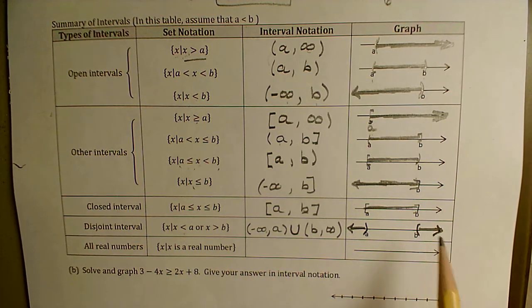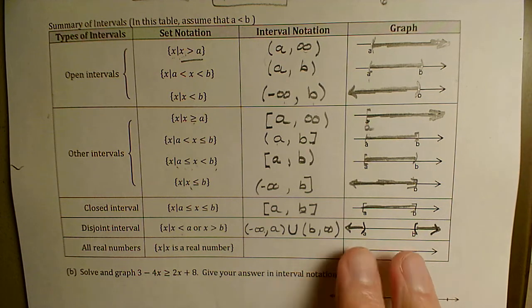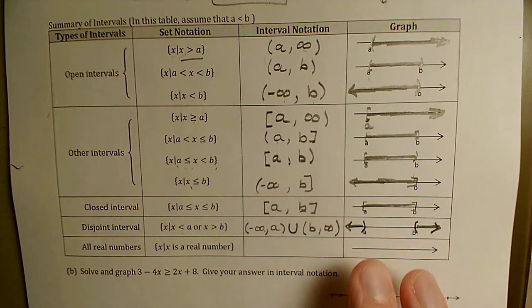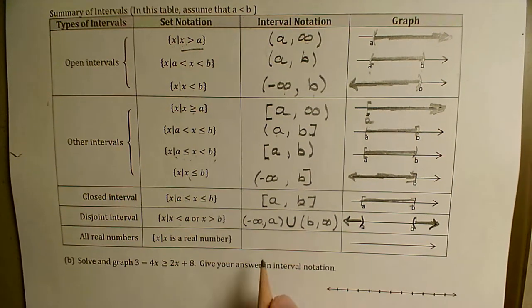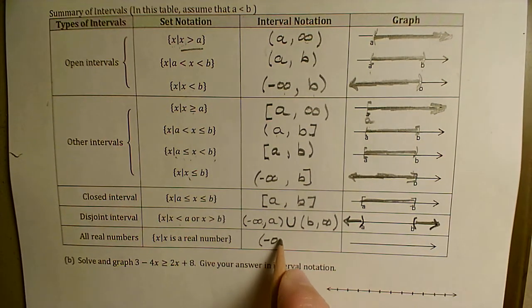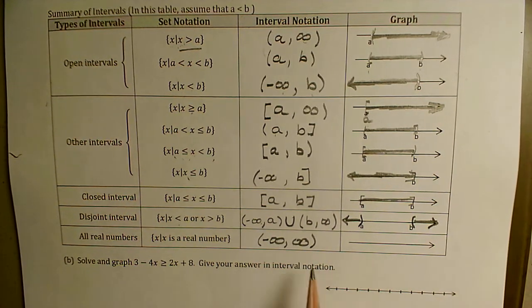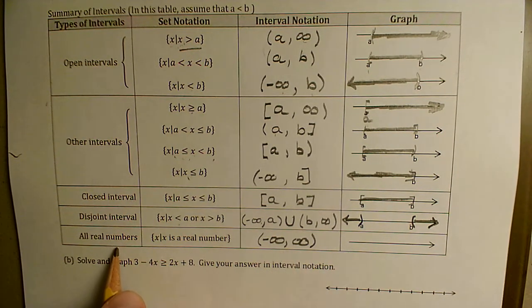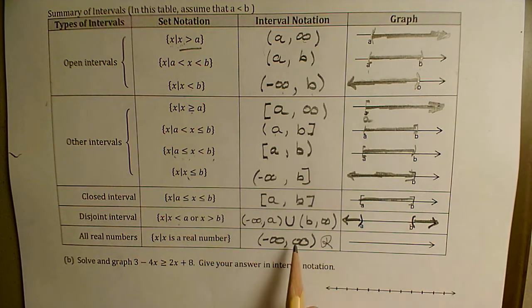So this is disjointed: anything below a or above b, but exclusive of a and b. And then all real numbers, that would just be negative infinity up to infinity. If you say all real numbers, sometimes we'll use the squiggly R symbol, but in interval notation, we write from negative infinity to infinity.